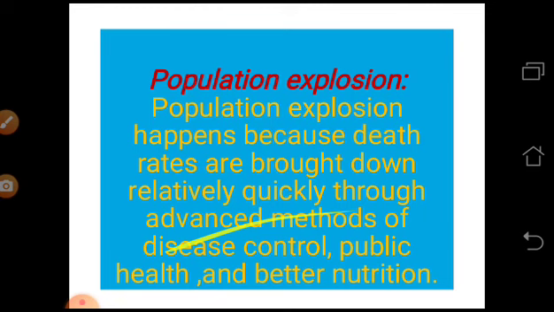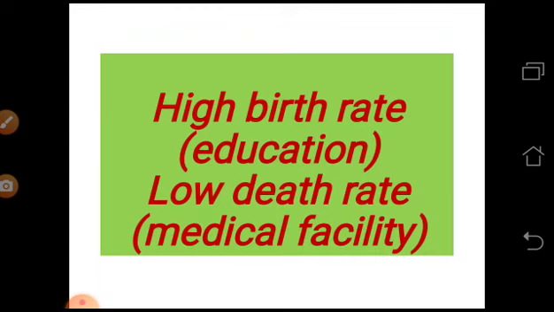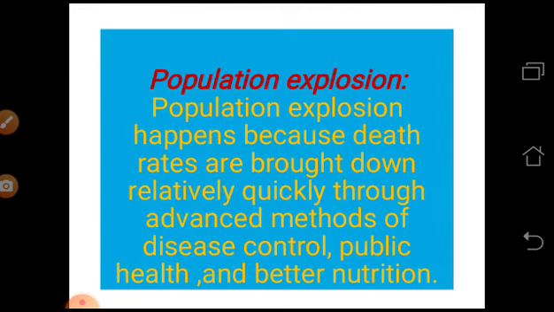So these are the three stages of development. In the transitional stage, what happened? The population explosion occurs, a high growth of population. Population explosion happens because death rates are brought down relatively quickly through advanced methods of disease control, public health and better nutrition.